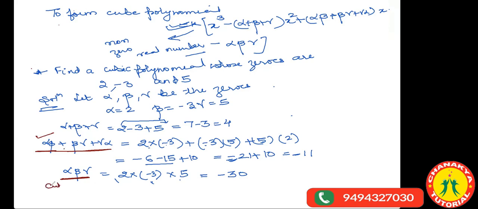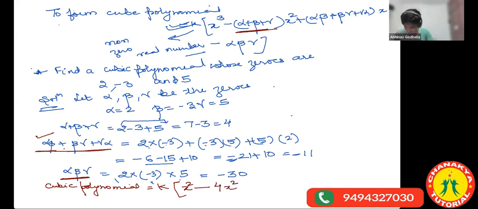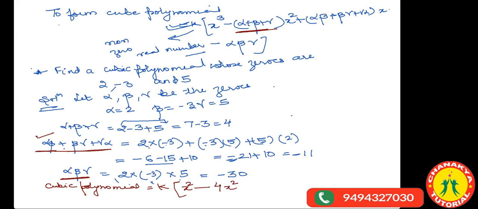Now your cubic polynomial will be k times x square minus... Now put the value of alpha plus beta plus gamma. It is 4. So write here minus 4x square. Now the value of alpha beta plus beta gamma is -11, so -11x, minus alpha beta gamma.